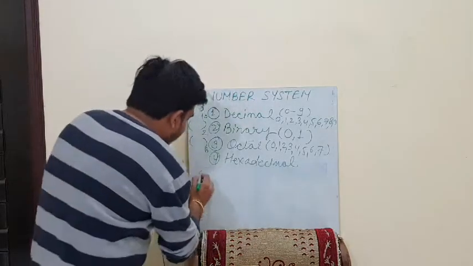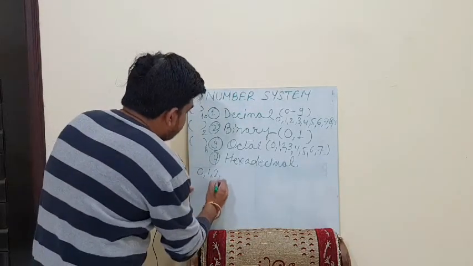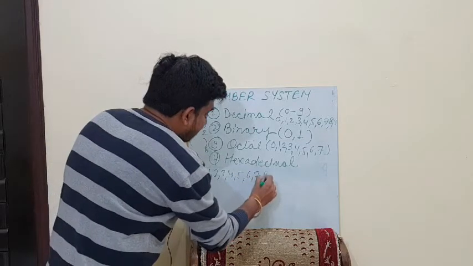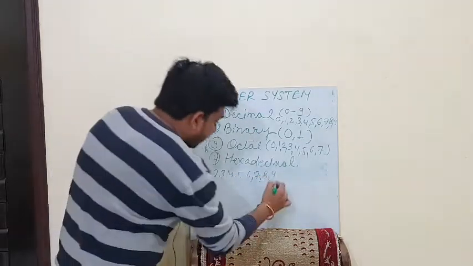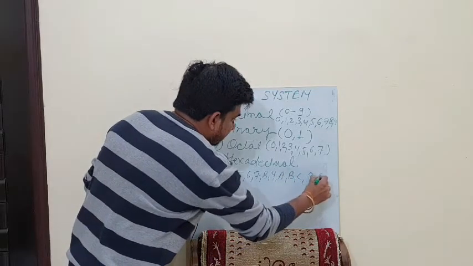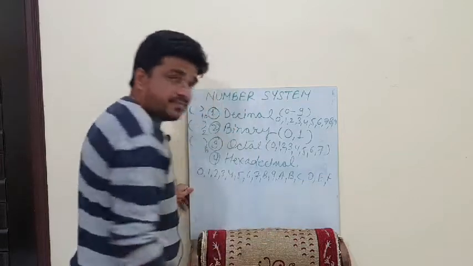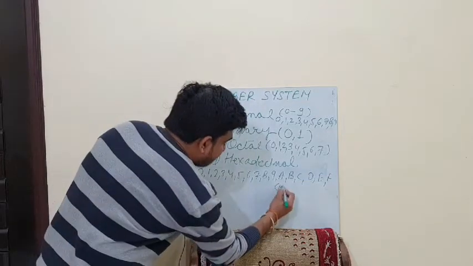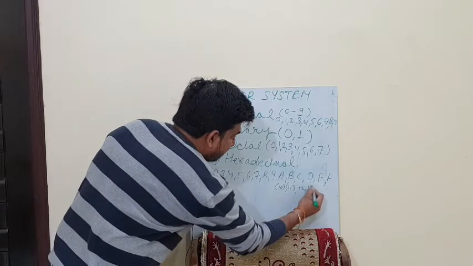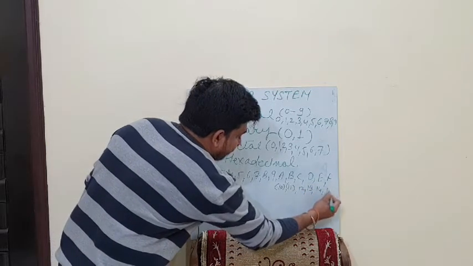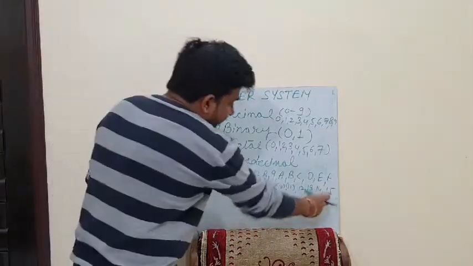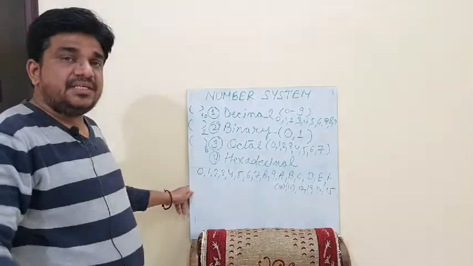So in this we have 0, 1, 2, 3, 4, 5, 6, 7, 8, 9. Then A, B, C, D, E, F. A is 10, B is 11, C is 12, D is 13, E is 14, F is 15. So if we count from 0 to 15, we have 16 numbers here.